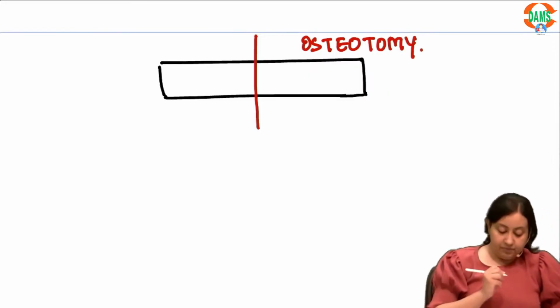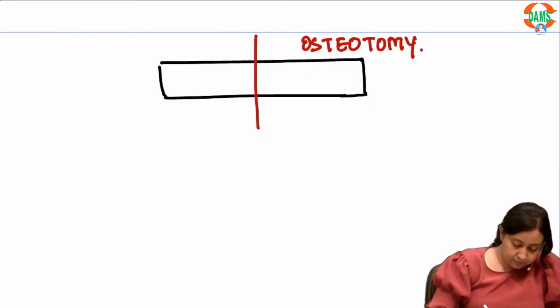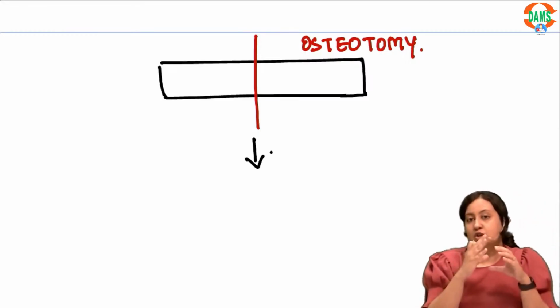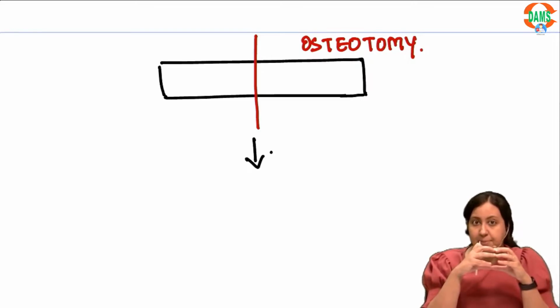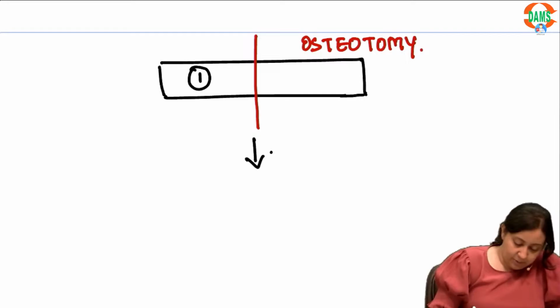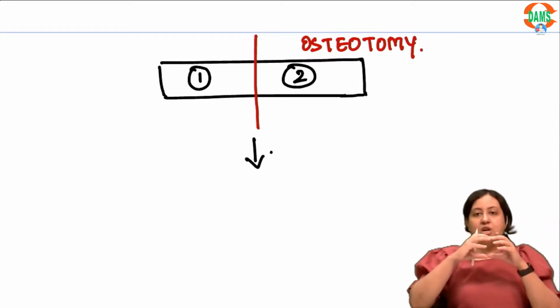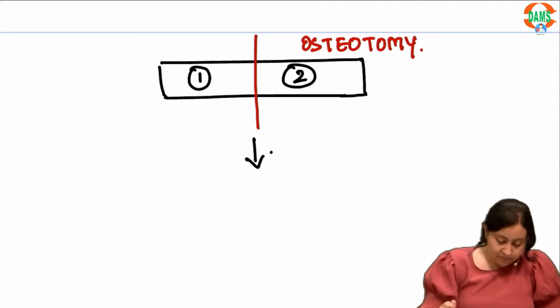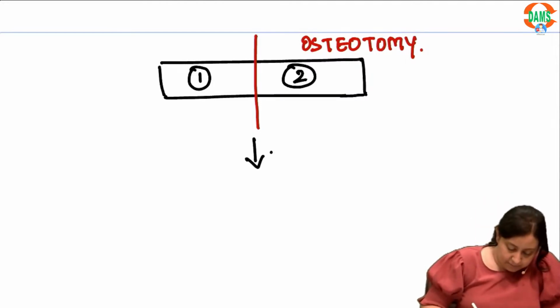Okay. Now where you have done the osteotomy, you gradually separate that area. That means if this is fragment 1 and fragment 2, you try to create a gap in between fragment 1 and fragment 2.